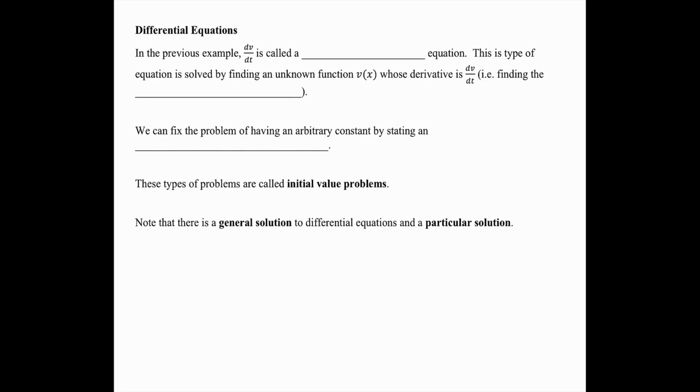As mentioned before, that problem we did was an example of using a differential equation. In the previous example, dv over dt is called a differential equation, as I mentioned, because we can actually find its antiderivative. This type of equation is solved by finding an unknown function, v of t in this case velocity, whose derivative is dv over dt, that is, finding the antiderivative.